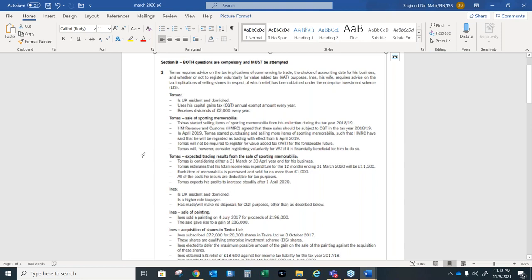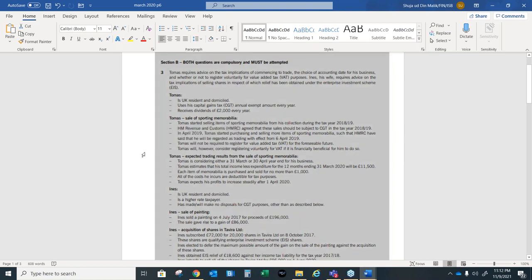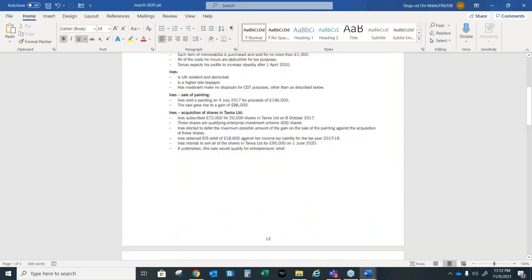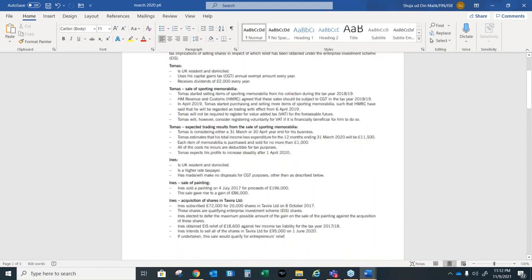So this is a classic question where you have been asked for advice involving the choice of accounting date, voluntarily registering for value added tax, and some advice in respect of the enterprise investment scheme.